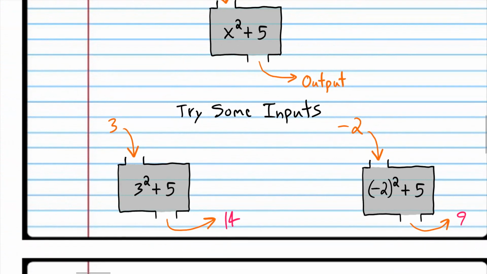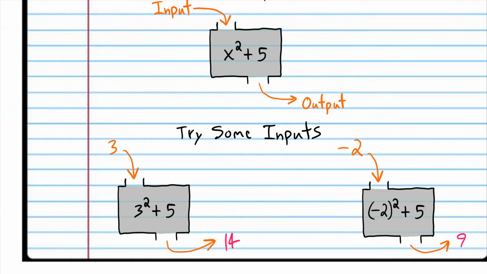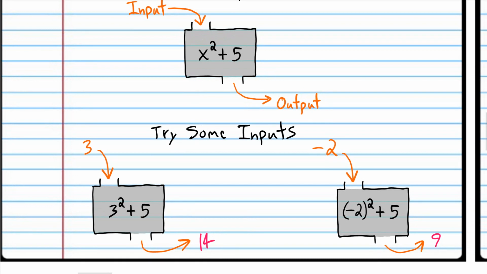So here's some examples. Let's say that the input is 3, so we plug in 3 for x, and we get 14. So we have our input, which is usually called x, and then we have our output, which is called f of x. We'll get to that later.